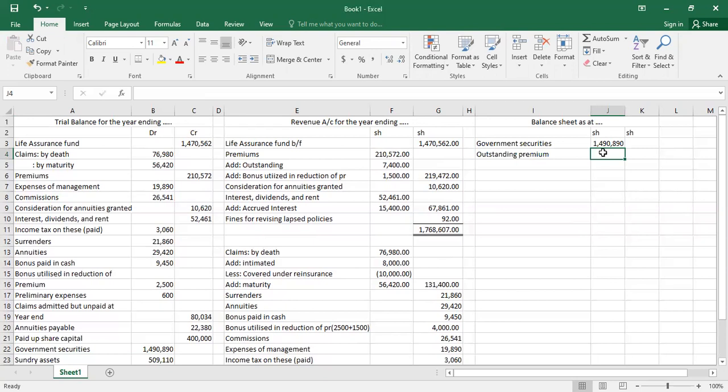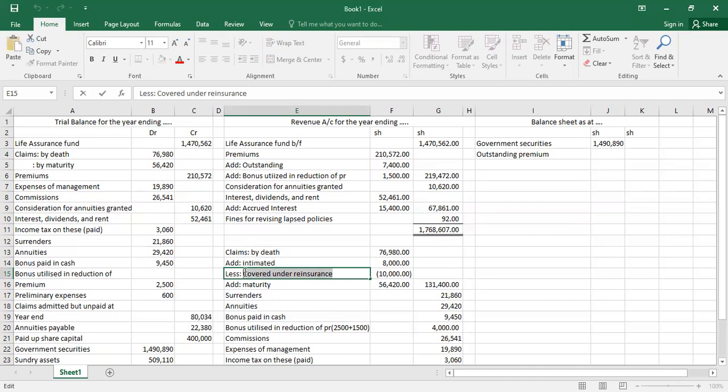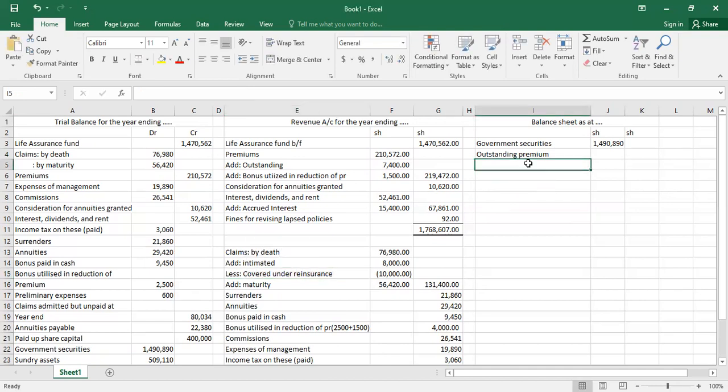Do we need to add? Think. I have the claims covered under insurance. It's 10,000. Remember, it is an asset to the firm. So this was 7,400. This one is 10,000.